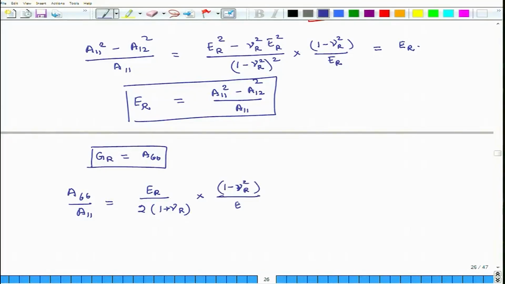So this is on the denominator. ER cancels out. So what we are ending up with is 1 minus nu R divided by 2. So Poisson's ratio for a randomly oriented mat is equal to 1 minus twice of A66 divided by A11.